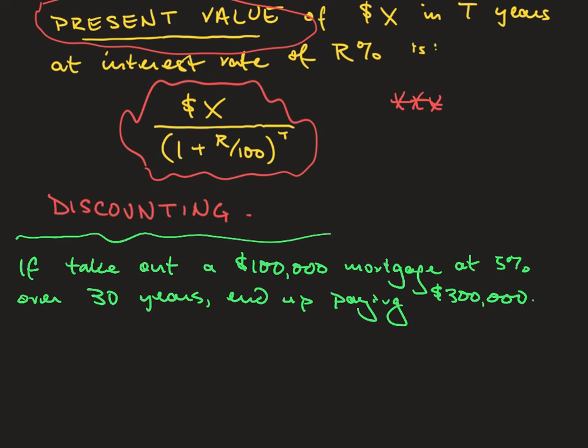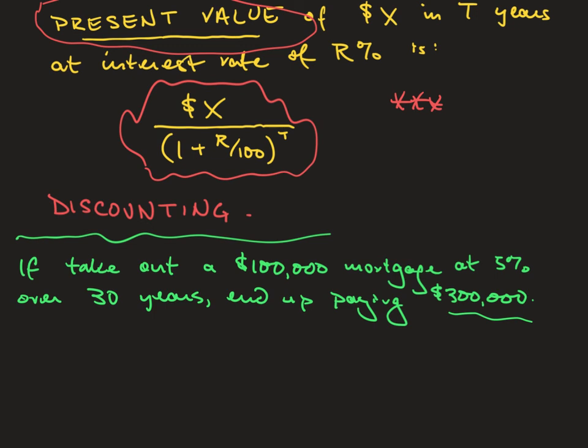Do you know how much you end up paying for that house? The way a mortgage works is you take out a loan over a long period of time, you slowly pay off the interest and so forth. The present discounted value of the mortgage payments is $100,000. It's spread out over many years, and if you add up the amounts of the payments without discounting them, you might come to a number like $300,000.